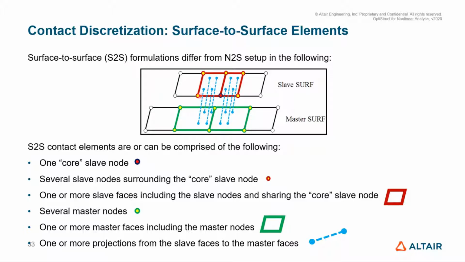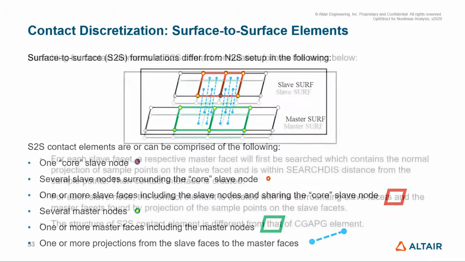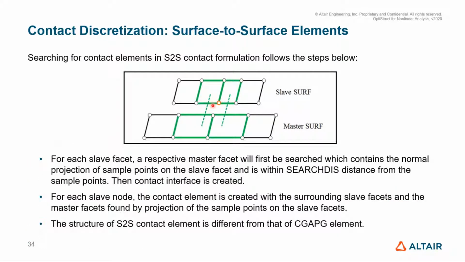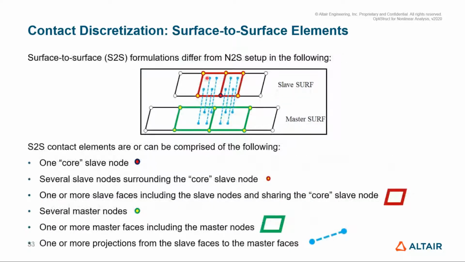That's why there are 4 contact elements here. So there is more projection downwards to search for that master surface. As long as one of the nodes projecting downwards can find it, then we assume that the contact is established.